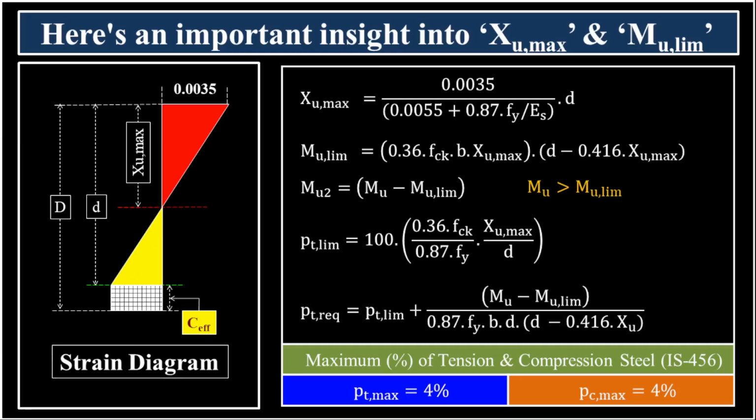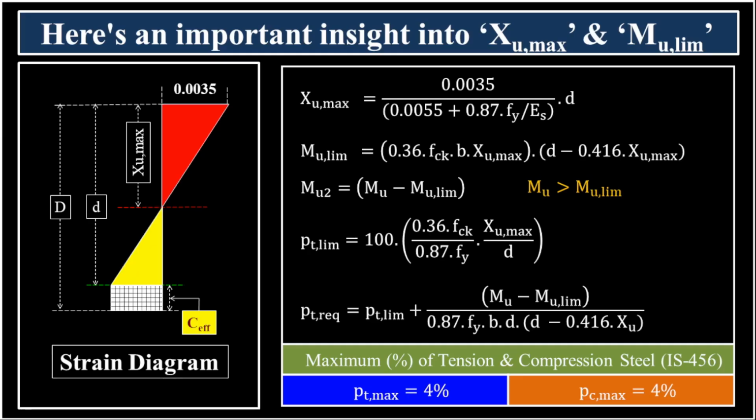Now, let's look at the formulas. First, xu max. This represents the maximum or limiting depth of the neutral axis, measured from the top compression fiber of the concrete section.